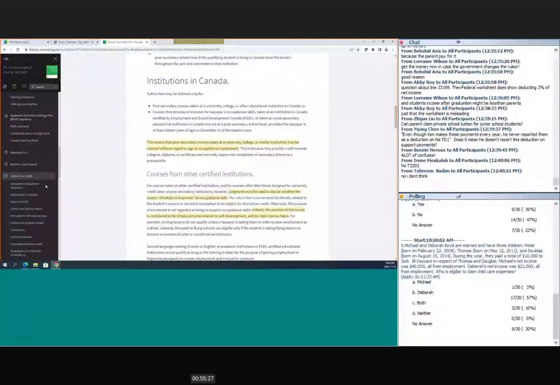The question is, even though Ken makes these payments every year, he never reported them on his TD1. Does that mean he doesn't report it? No. That's a really good question, Ying Yung Ching. So in the problem, it says, even though Ken makes these payments every year, he never reported them as a deduction on his TD1. Does it mean he doesn't report this? No. What the problem is getting at is, when we're analyzing a refund, if a person has filled in a TD1 to recognize that every year they pay the support payments and they want it to be reflected in the taxes taken off at source.